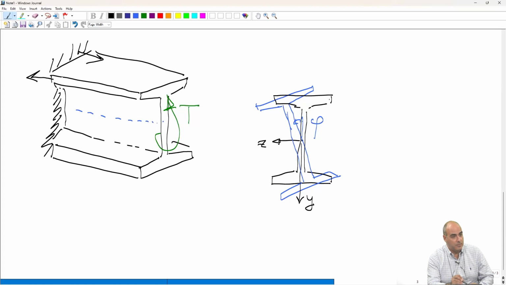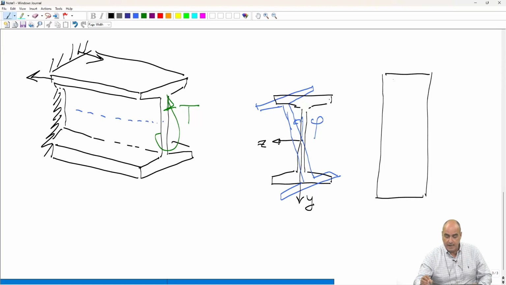But it cannot do so. So if I look from the top, here the beam will tend to push into the wall. To prevent it from doing so, I must have some compressive stresses like this. And on the other side, the beam will tend to detach from the wall, so I have to tie it up.